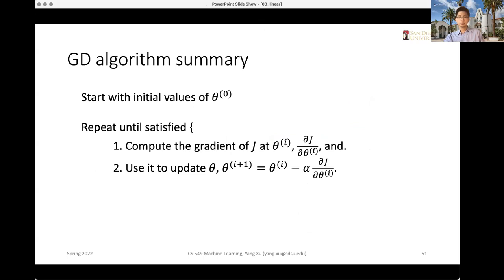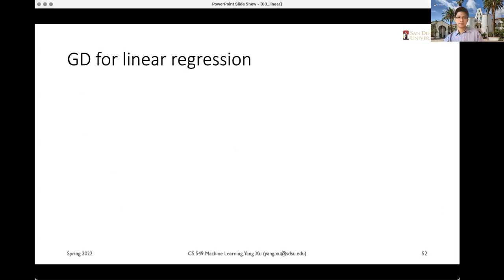The method we use to update the parameters is to go against the direction of the gradients, which is to minus alpha times the gradients. And alpha is the hyperparameter that controls how big our step is. And we will repeat until we find the final theta.